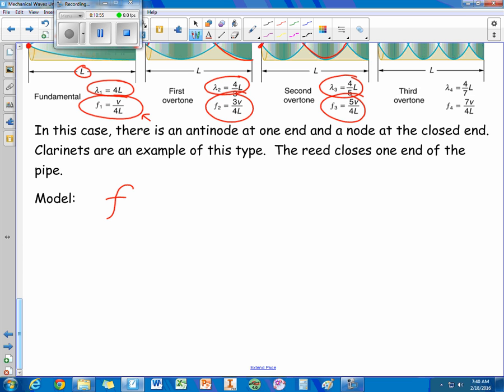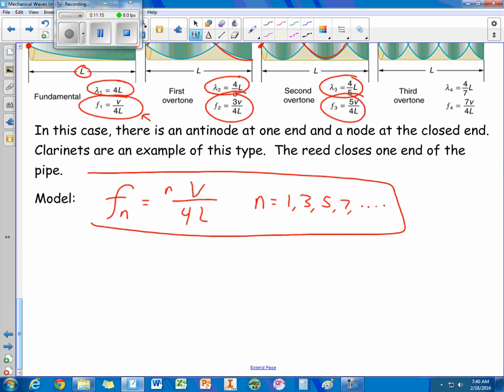So the frequency is going to be V over 4L. And we're going to have our n. But this time, n will only equal odd integers. And again, we'll take a look at some more examples of this in class. All right, that concludes our mechanical waves unit note.